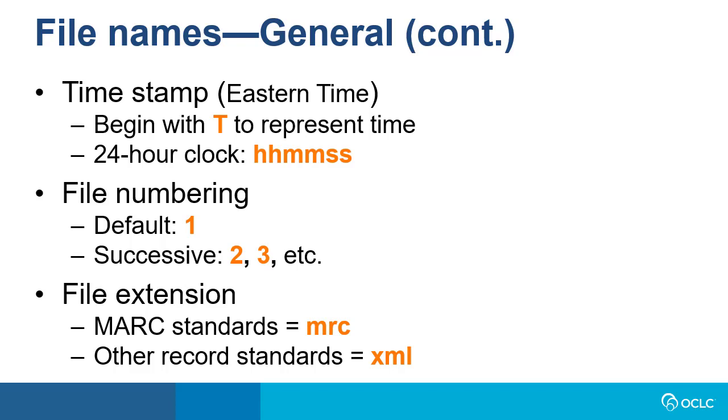Files are output in groups of no more than 100,000 records per file. If the same output requires more than one file, then successive file numbering is used to designate the file as one of multiple files output of a set of record type. Last, file extension MRC is used for output of records in MARC standard, and XML extension is used for all other standards.